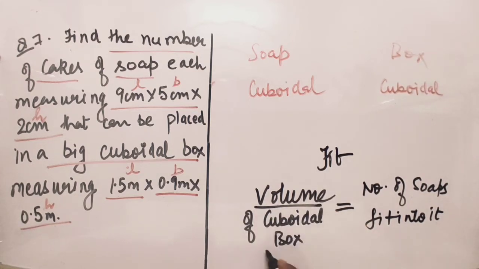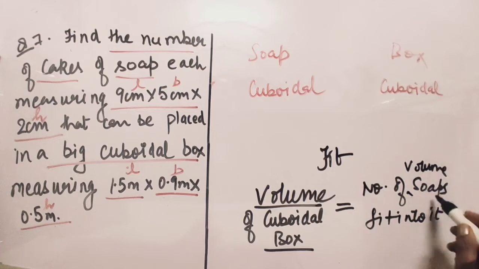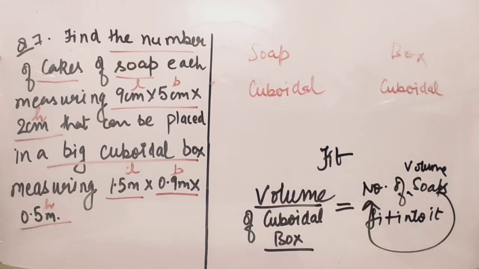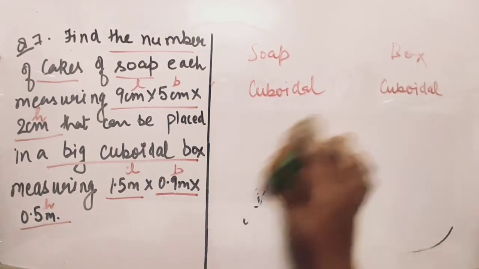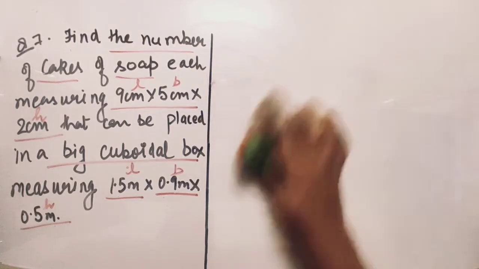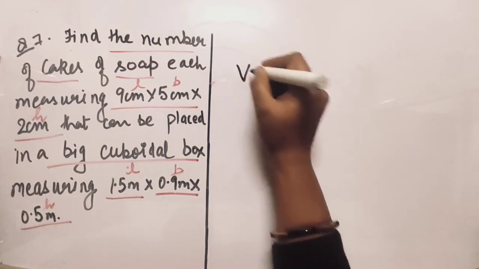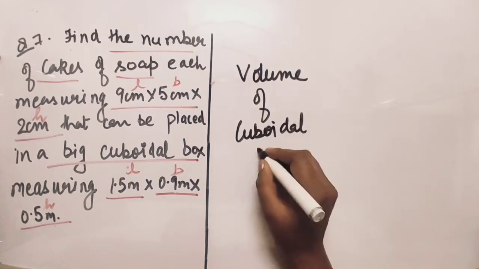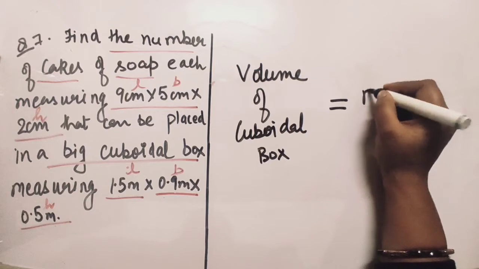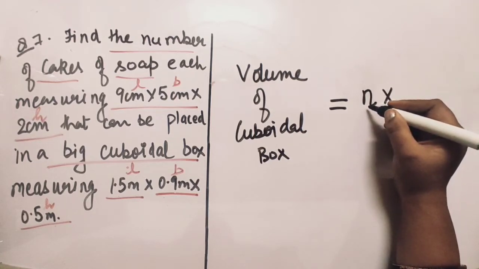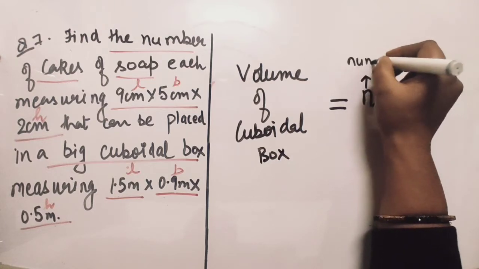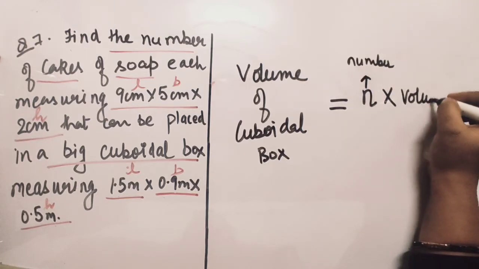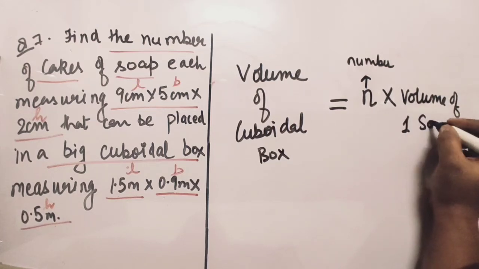So the volume of the cuboidal box has to be equal to the volume of soaps that are going to fit into it. So what we have to understand is that the volume of the cuboidal box has to be equal to the number of soaps into the volume of one soap.